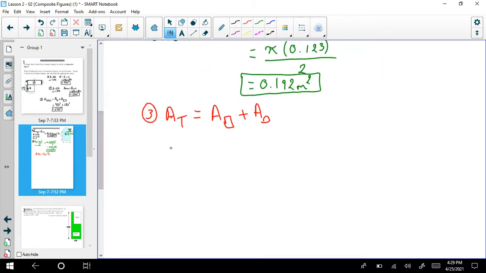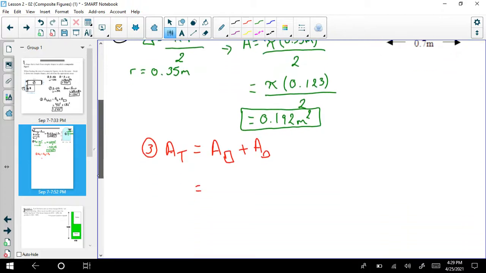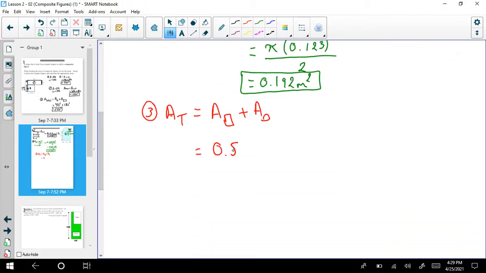So the area total equals the area of my square, which was 0.84 meters squared, plus 0.192 meters squared, which gives me, if I add those two together, 1.032 meters squared.